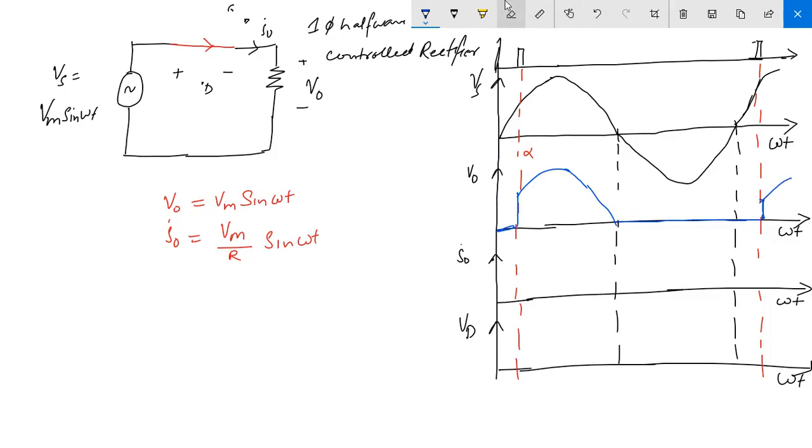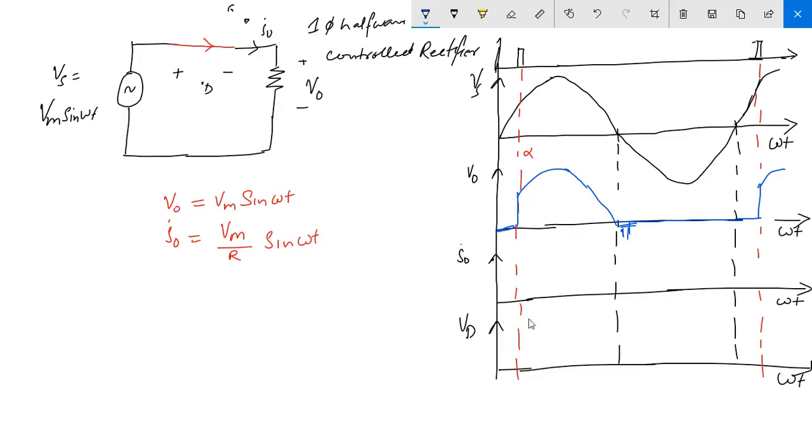Now this is the waveform. So it starts from alpha and goes to pi, because from pi the negative half cycle starts. So the SCR will be an open circuit from here, it will not conduct for the reverse bias.